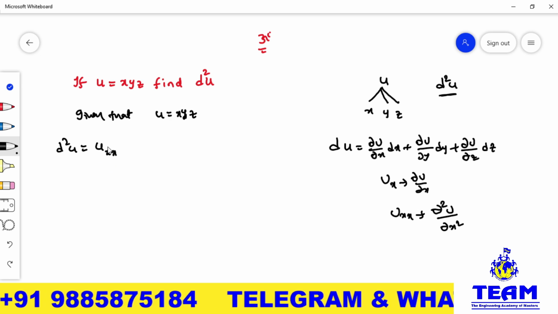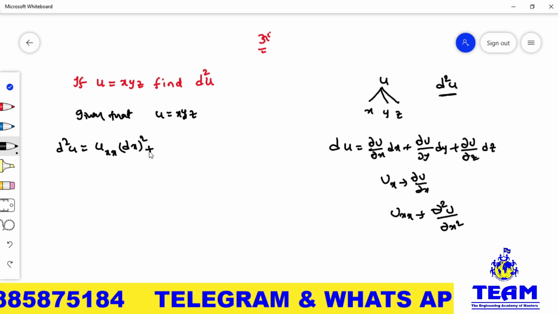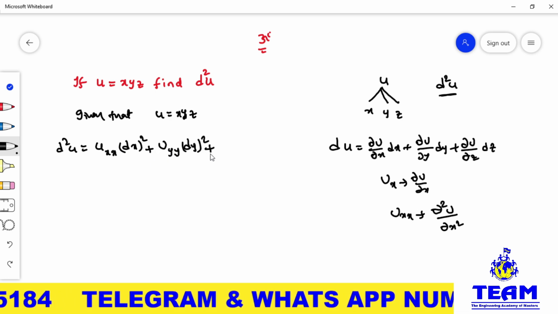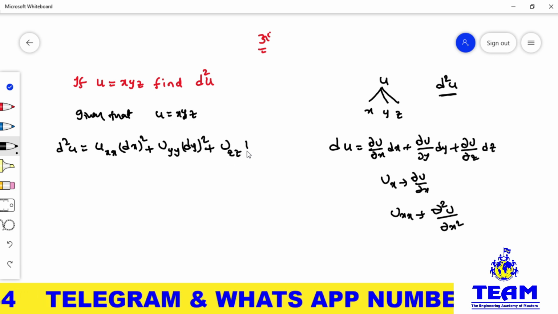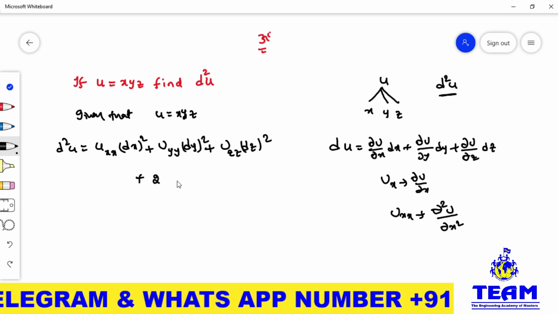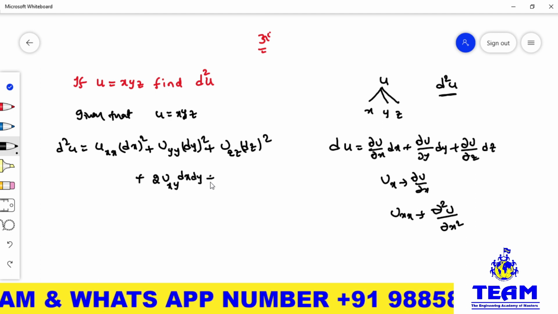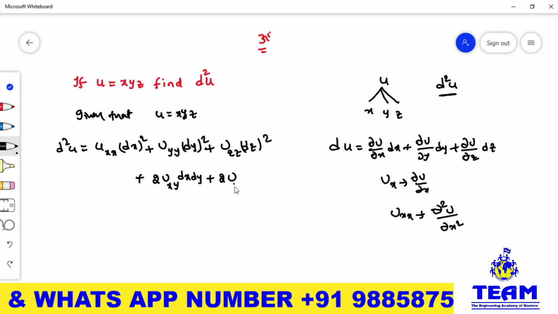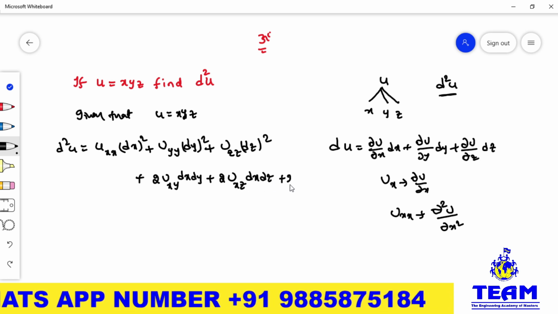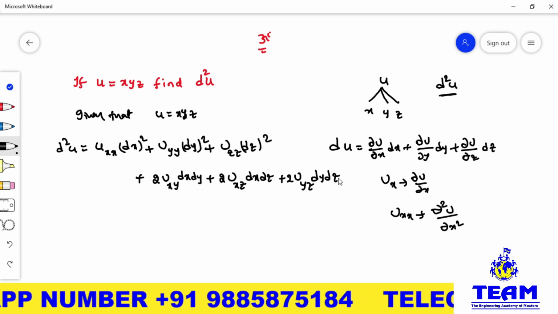So I am writing like this: uxx into dx whole square plus uyy into dy whole square plus uzz into dz whole square plus 2 times uxy into dx dy plus 2 times uxz into dx dz plus 2 times uyz into dy dz.